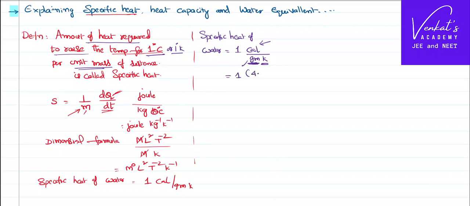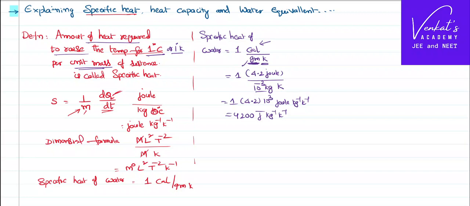We know 1 calorie is 4.2 joule. 1 gram is 10 power -3 kilogram. Kelvin is the same. So 1, 4.2, 10 power -3 becomes 10 power +3, so that is 4200 joule kilogram power -1 Kelvin power -1.